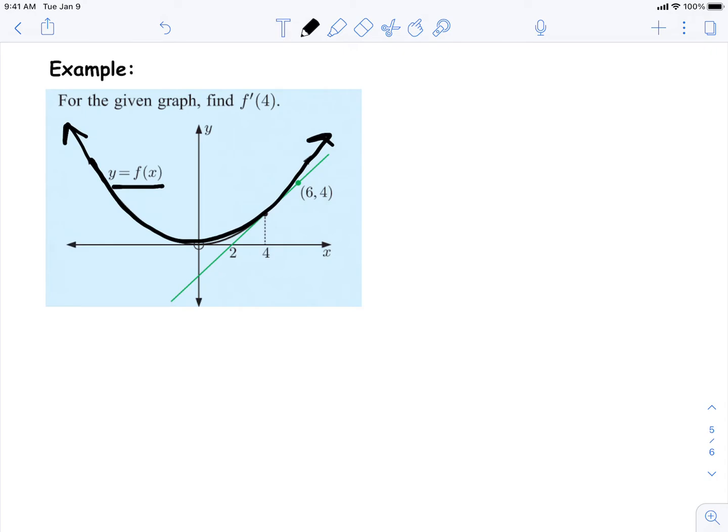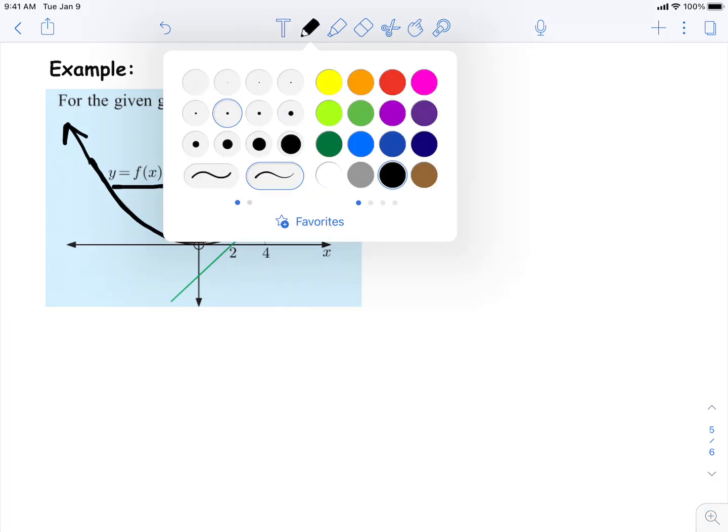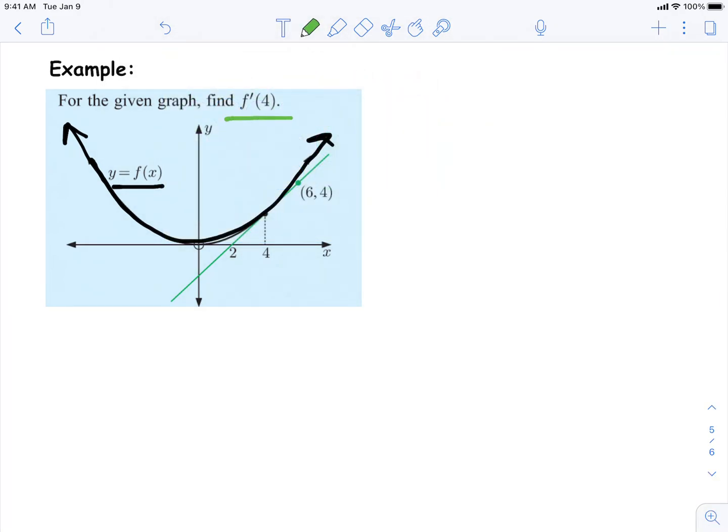Maybe there's a stretch happening, and then they say we want you to find f dashed of 4. So the tangent line runs through the point 2, 0 and 6, 4.